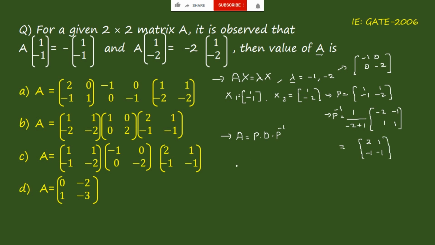So A is equal to P, which is [1, 1; -1, -2], D, which is [-1, 0; 0, -2], and P inverse, which is [2, 1; -1, -1]. That is the A value. So we can see that it is satisfied in option C. So the answer is C.